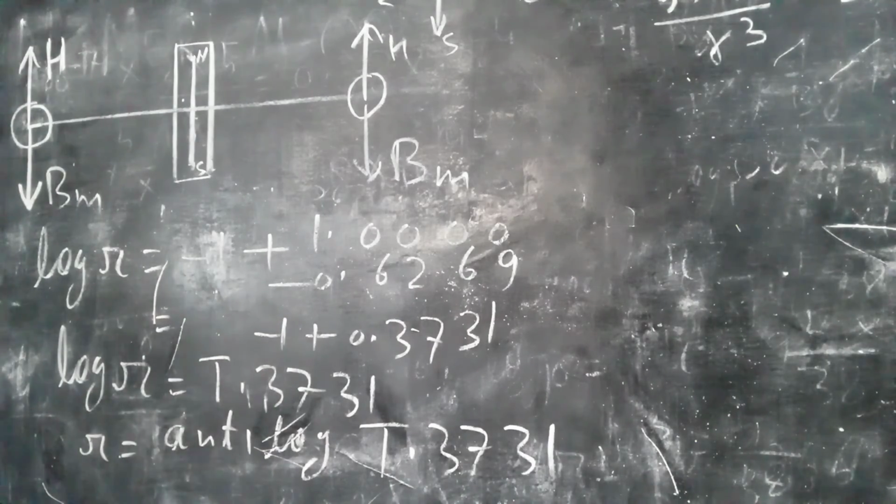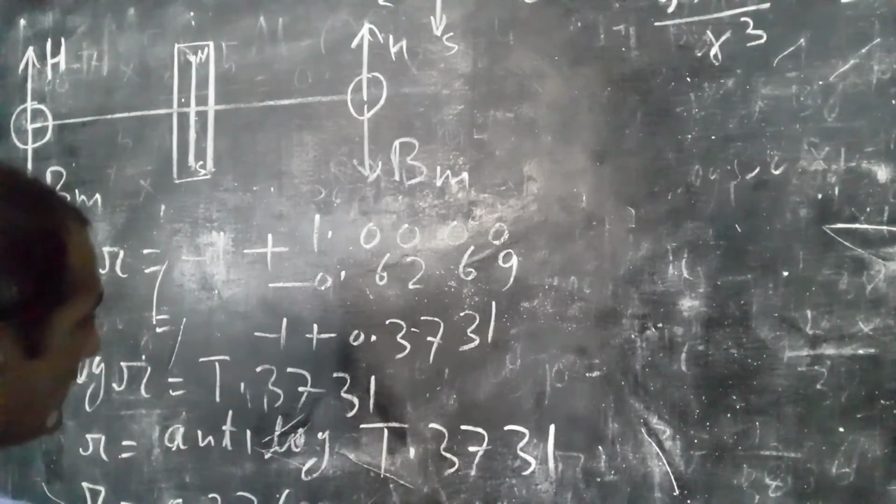So read from the antilog table in the row of 37, column 3, with a mean difference of 1.